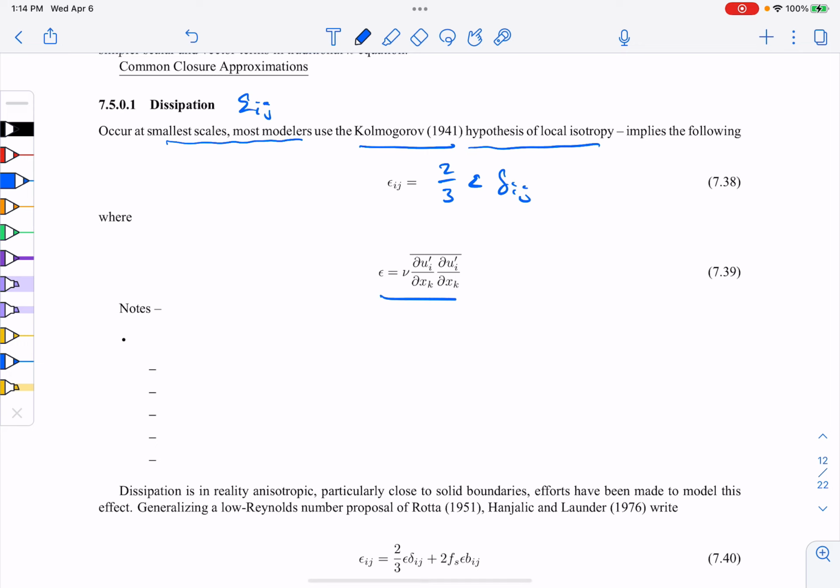And here, dissipation is defined in this equation as a viscosity times partial ui, partial xk, partial ui, partial xk prime prime bar. So you'll note that here, there's a scalar quantity epsilon. And it's the dissipation rate which appears in the turbulent kinetic energy equation of the standard two-equation model of Launder and Sharma.